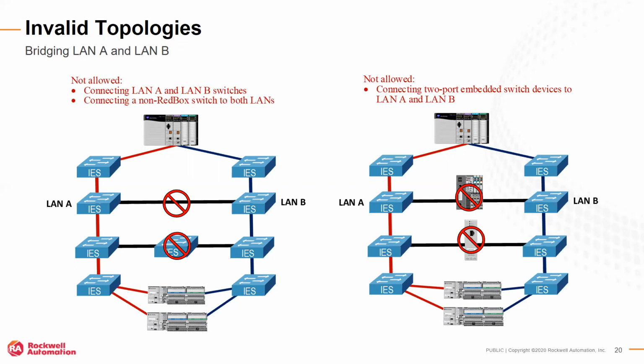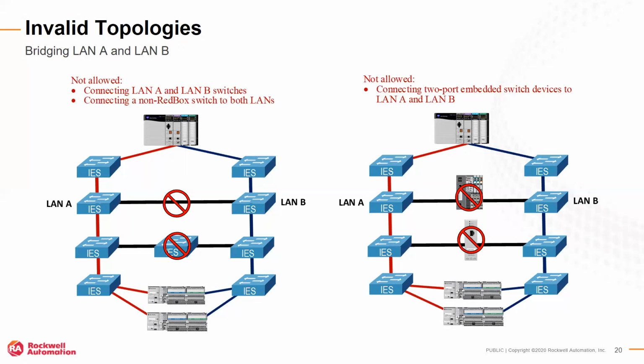Anytime you mix those two, you're going to have issues. Whether it's a direct connection, an industrial switch in between LAN A and LAN B, or a controller you're trying to bridge, or an ETAP, it's just something that you do not do. You'll end up with broadcast storms and some serious network performance issues.